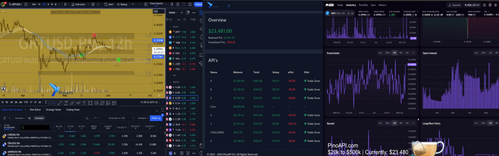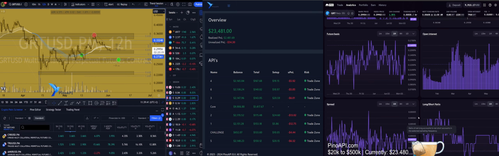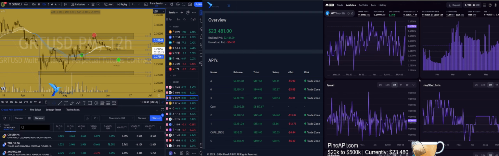Okay, interesting. Yeah, I think open interest seems to be decreasing.